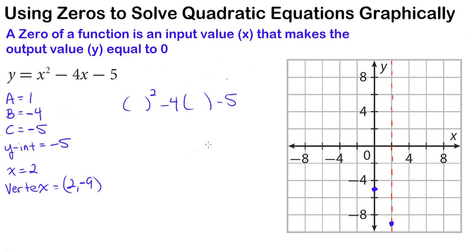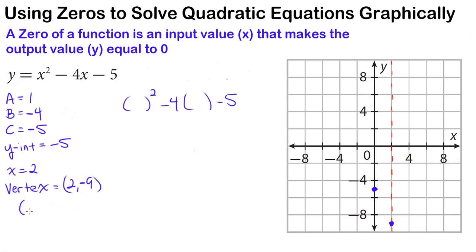So now, what do we do for the rest of the parabola? Well, since parabolas are symmetrical, we can find the points for one side and then reflect to find the other side. And since we already have one point to the left of this line, that's what I'm going to do. Between this point here, 2, and this point here, 0, I have 1. We plug our x values into x squared minus 4x minus 5 and solve for the y values. So what if x is 1?